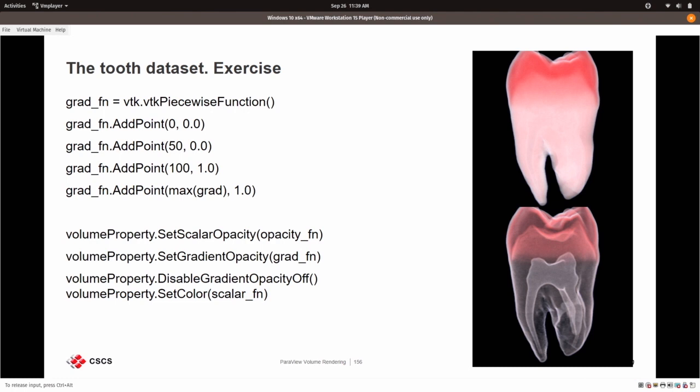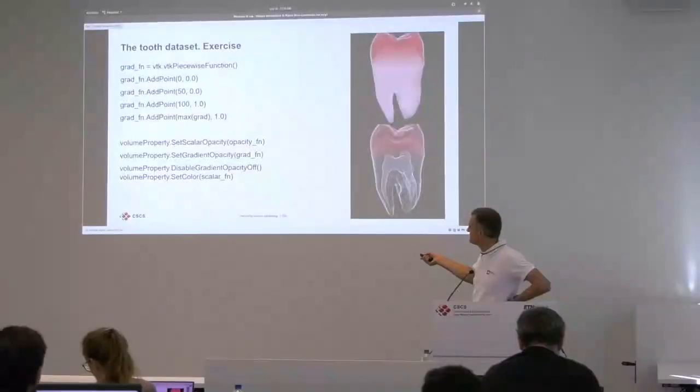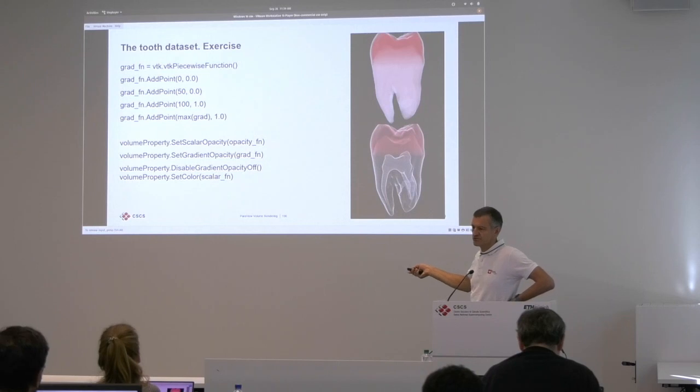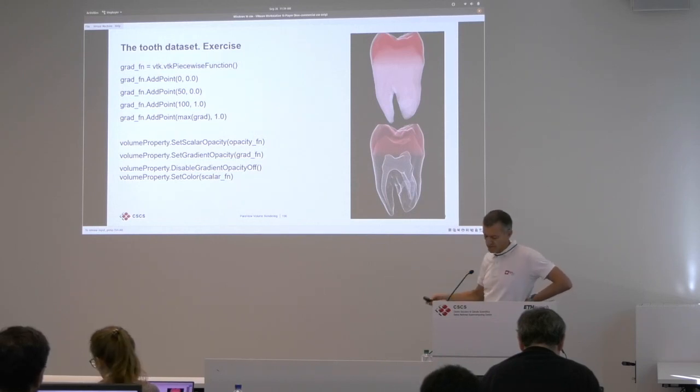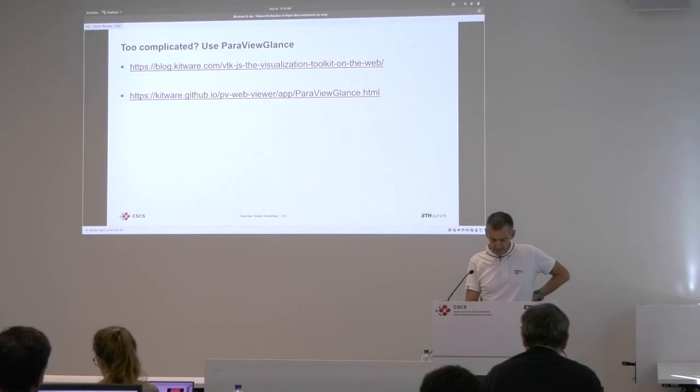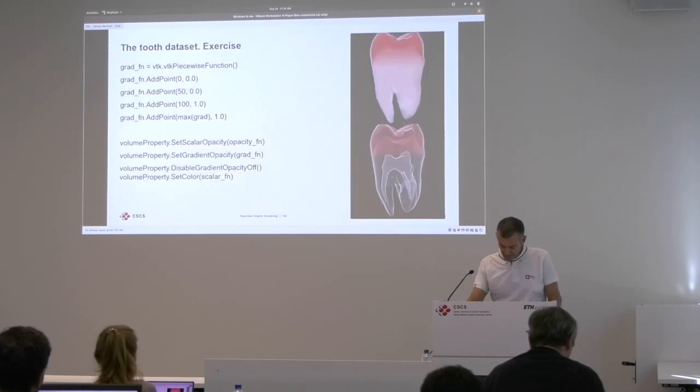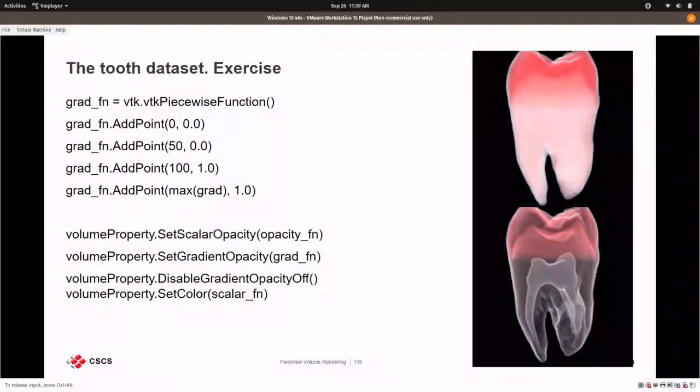The scalar opacity, which is the normal opacity transfer function, which we also have in ParaView. I set the gradient opacity function, and then I set the color transfer function. And with those 3 functions together, I get my rendering. So there is the demonstration of it.